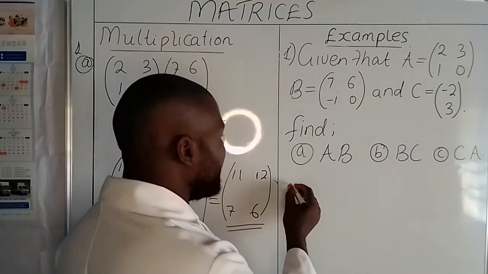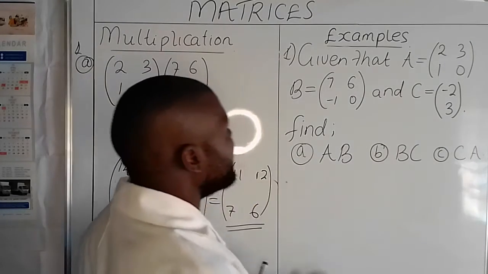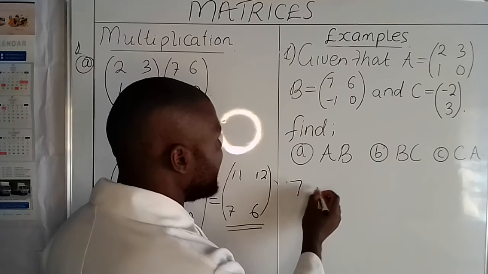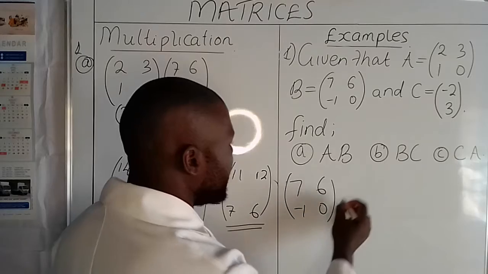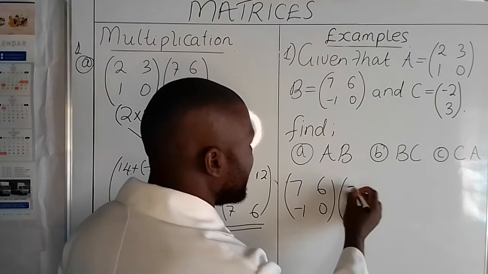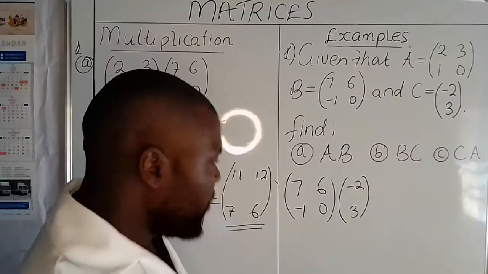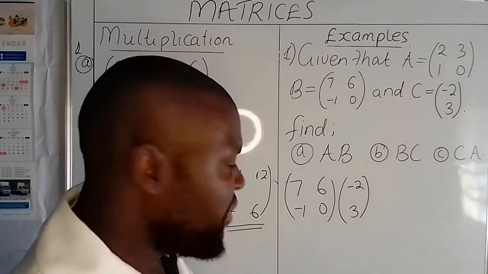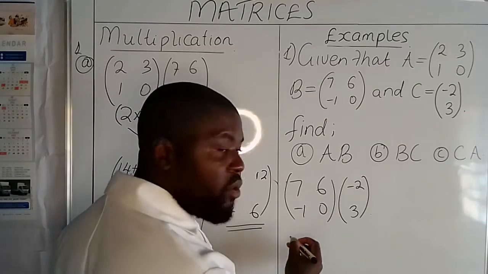We are multiplying BC. So we have the matrix B, 7, 6, -1, 0, and C, -2, 3. Checking the compatibility of the matrices for multiplication, we look at their orders.